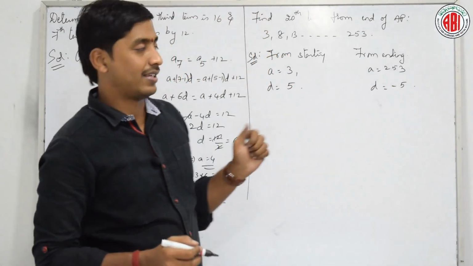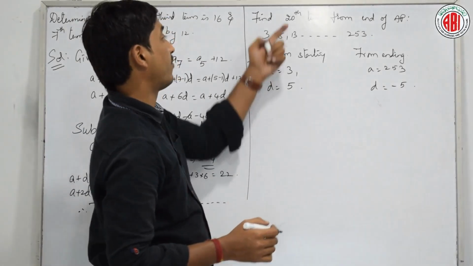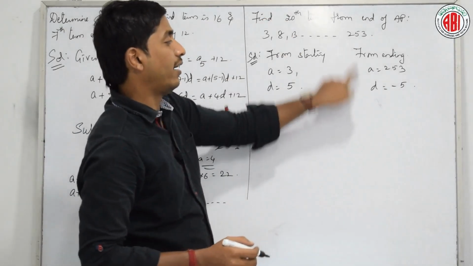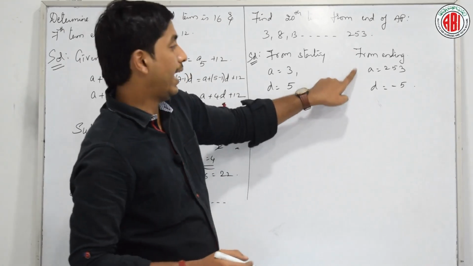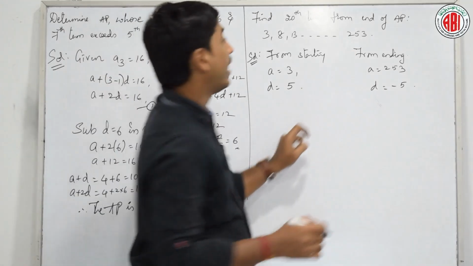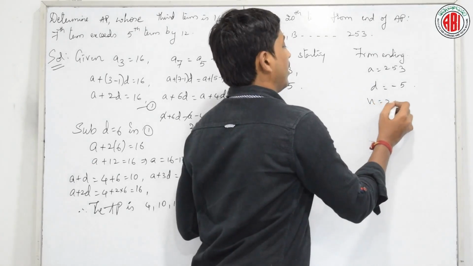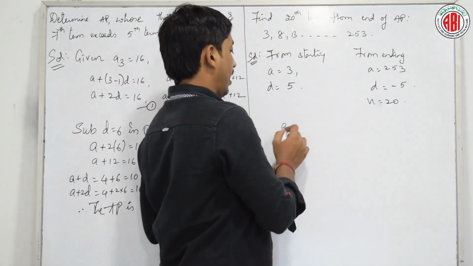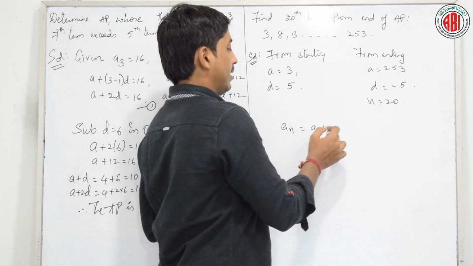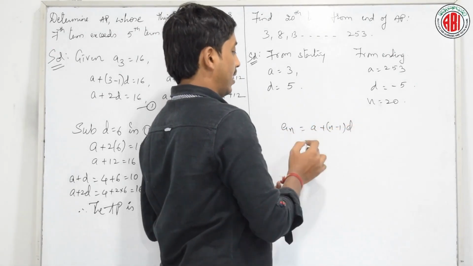Which means he is asking us to find the 20th term from the end, which means we are going to consider from this set. a is given, d is given, n is also given as 20. Just find the value using a plus n minus 1 into d.